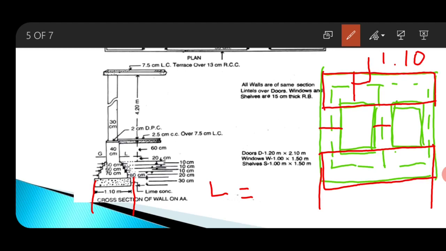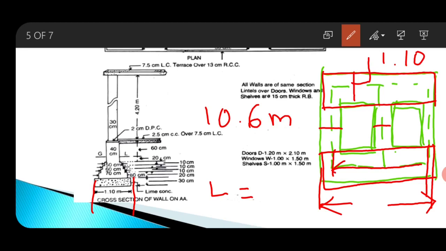So this long wall length, how we will get the length of this portion? So as we know, the center to center length of long wall is 10.6 meter. That means this length is 10.6 meter.